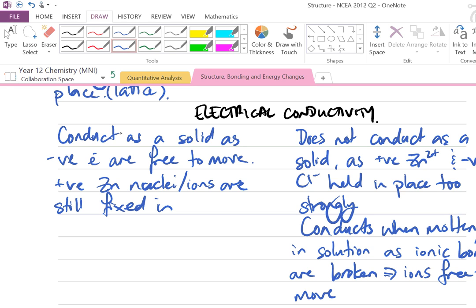I suppose it just adds a little bit more detail. That shows that I understand that it's the electrons that are causing conduction, not the cations.